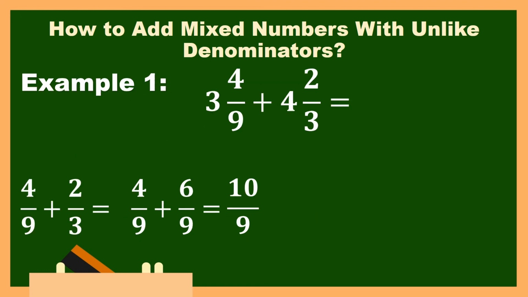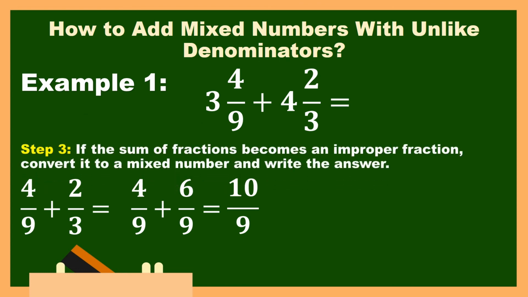Step 3. If the sum of fractions becomes an improper fraction, convert it to a mixed number and write the answer. So, ngayon, kailangan nating i-convert into a mixed number si 10 over 9 since siya ay improper fraction. So, gagamitin natin ang numerator na 10 as our dividend at ang denominator naman na 9 ay magiging divisor.